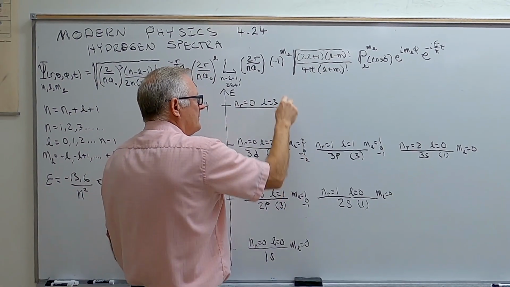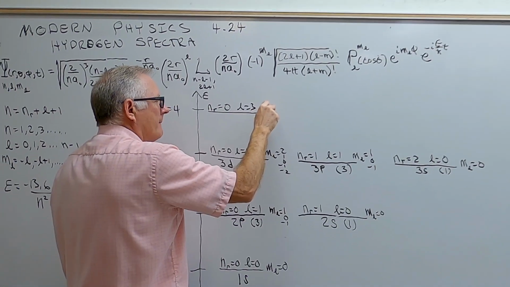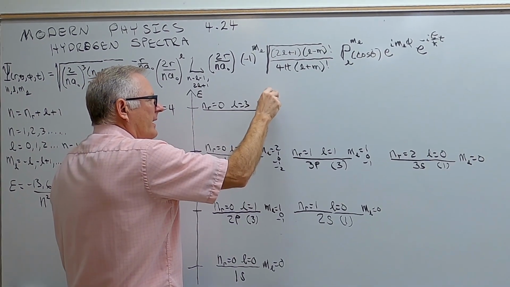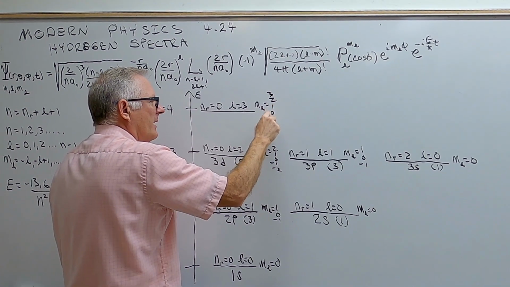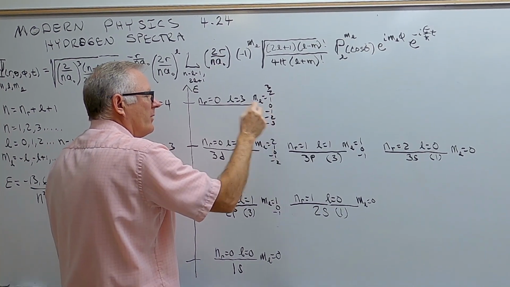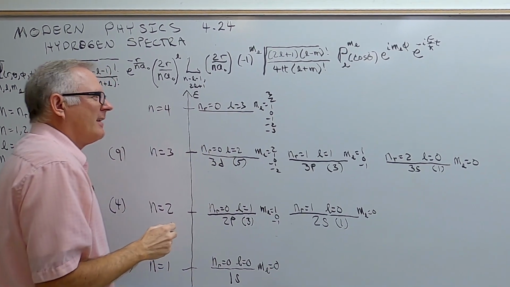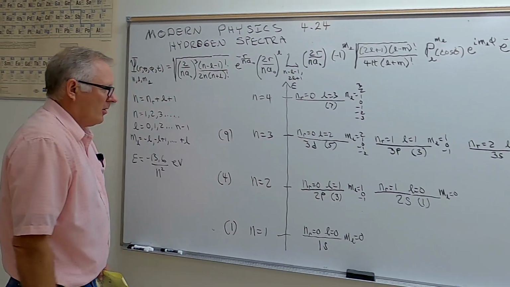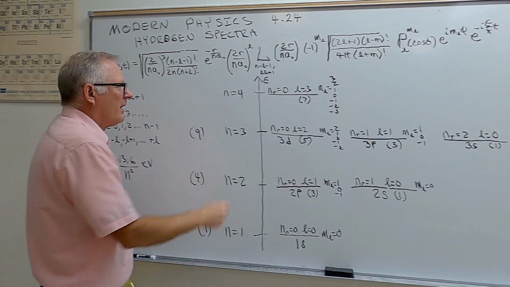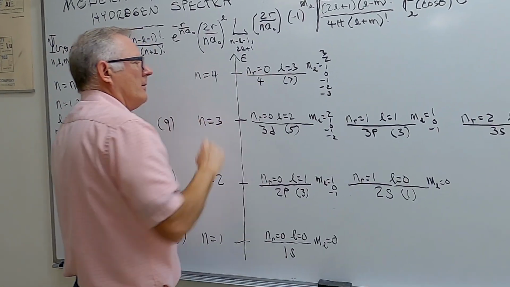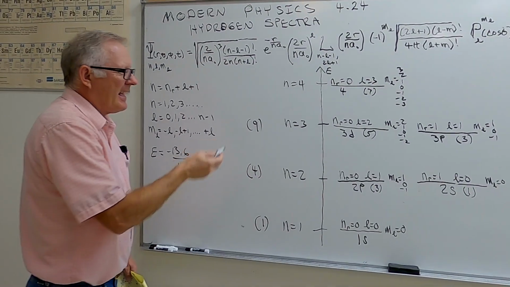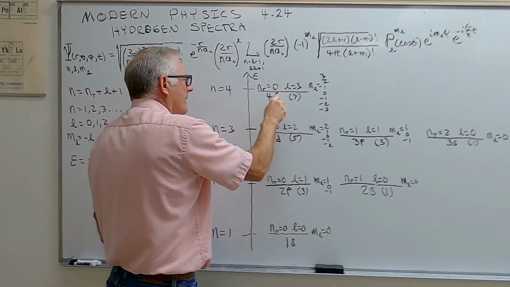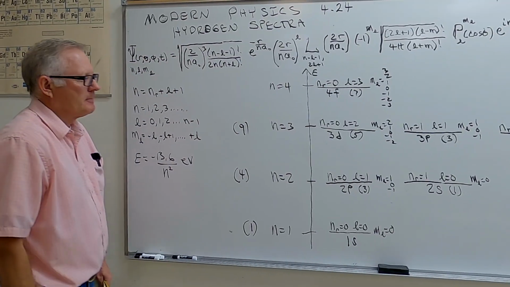That means m sub L could equal 3, 2, 1, 0, minus 1, minus 2, minus 3. What's that give you? 7 states. And we would call that the 4, SPDF, F state right here, 4F state.